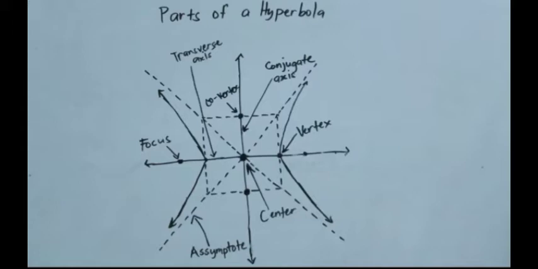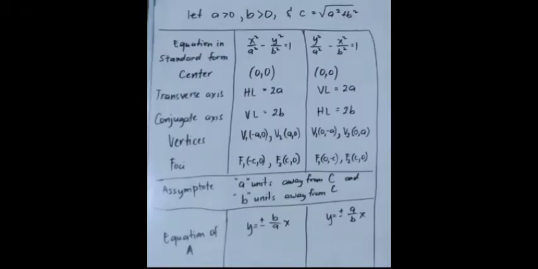So we have 7 parts. We have the transverse axis, the conjugate axis, the vertex, the co-vertex, the focus, the asymptote, and of course, the center at 0, 0. So we have here a guide in sketching a hyperbola. Let a be greater than 0, b greater than 0, and c be equal to the square root of a squared plus b squared.